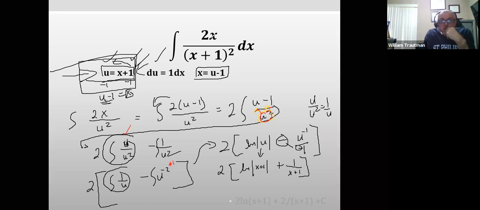So the last thing I want to do is distribute the 2. We get 2 natural log of x plus 1 plus 2 times 1 is 2 over x plus 1. And don't forget the plus c at the end.